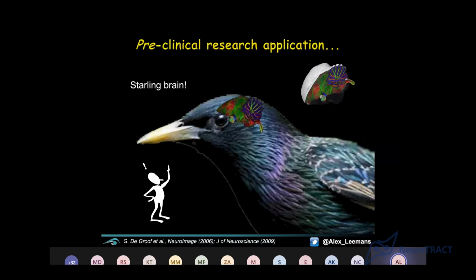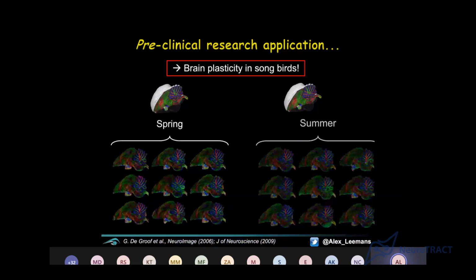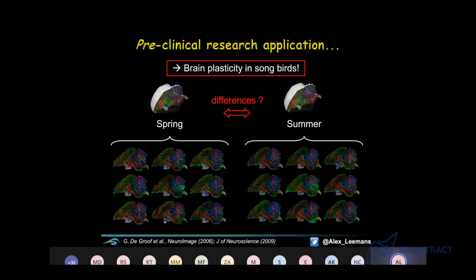In particular, they would be looking at 9 male starlings, and they would be looking at their brain in spring, because in spring, obviously, we know what they do in spring. They're all horny, they want to mate, so they whistle a lot to attract females, right? And so they do their thing, and then in summer, they're all done, smoking a cigarette, whatever. They don't whistle a lot anymore in summer.